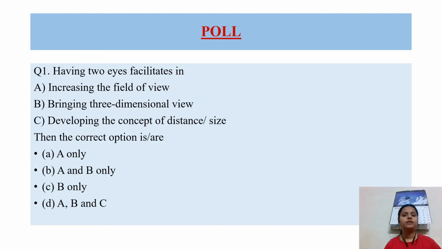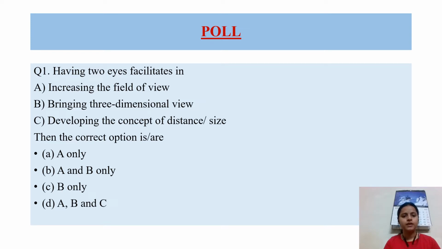And option C is developing the concept of distance and size. Of course, if I can see someone standing 1 kilometer away from me, I can see that yes, he is standing that far, and that person is visible to me. Or something like any bottle of any size or any ball thrown at some distance from my place, I can see its size and distance from far apart.